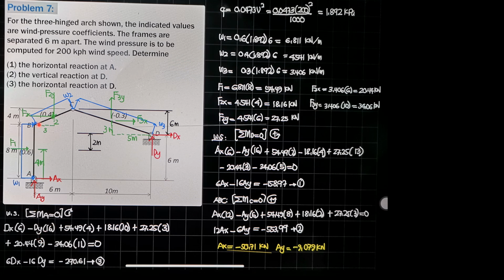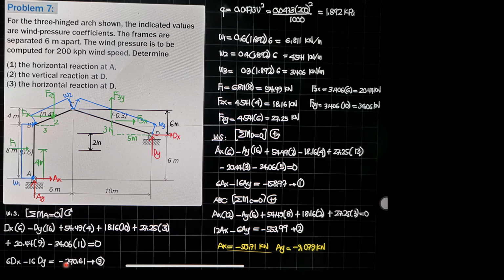The moment arm is 9, where 9 is 12 meters minus 3 meters. Then minus F3Y, which is 34.06. The moment arm is half of 10, 5 plus 6, so 11.